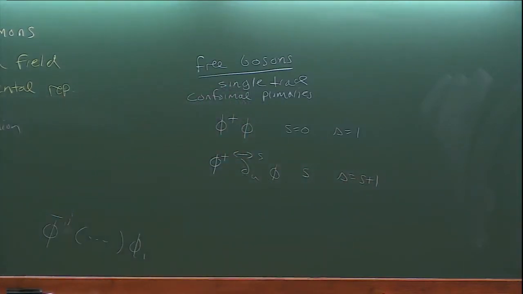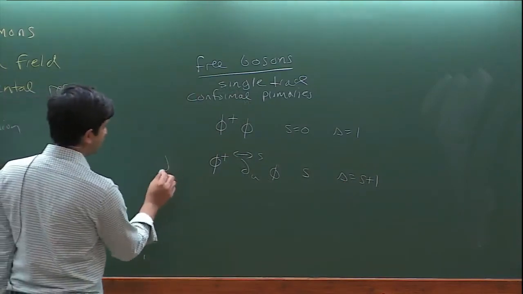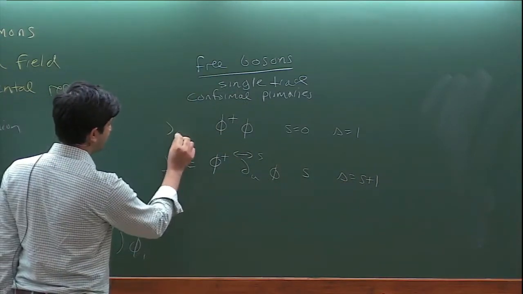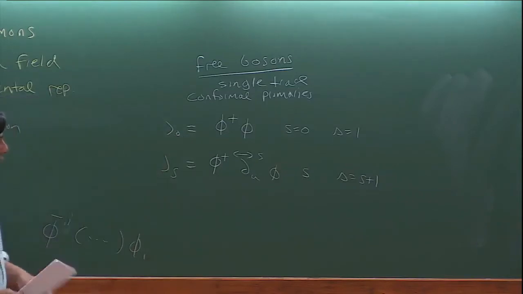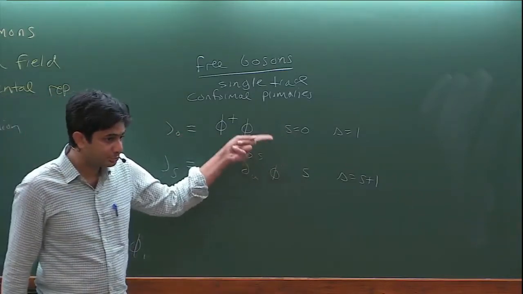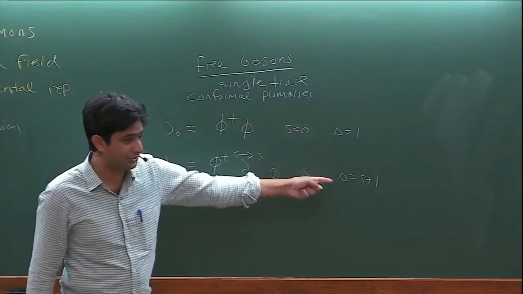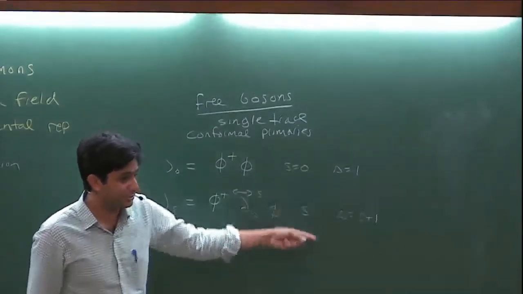So basically one primary operator for each spin, and the dimension of each operator is Delta equals S plus 1.